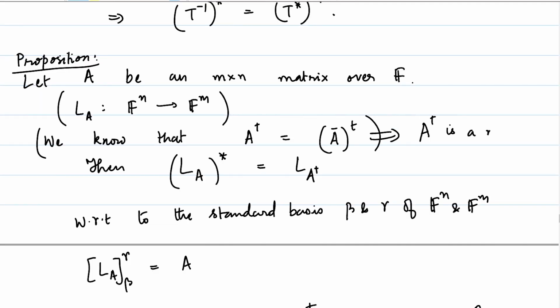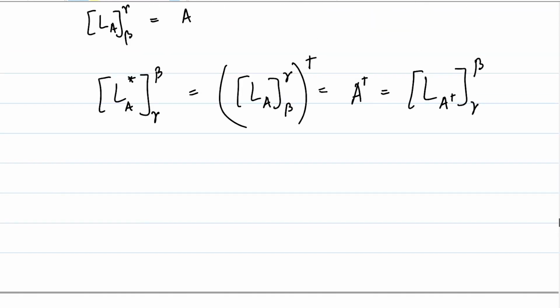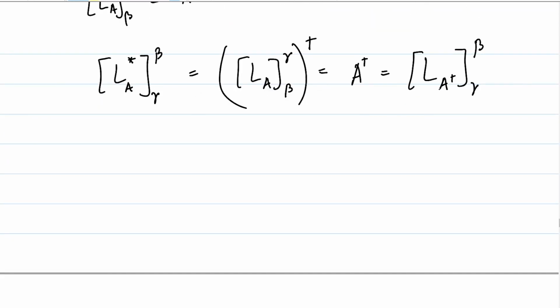Remember, if A is an M cross N matrix, then A adjoint is an N cross M matrix, so this is a map from F^m to F^n. This is making complete sense. So this is equal to the matrix of L_A star with respect to gamma beta. But that implies that L_A star is equal to L of A adjoint, as we had set out to prove.